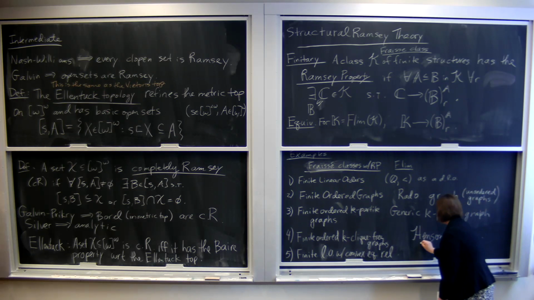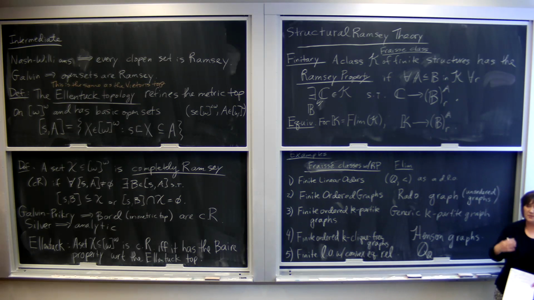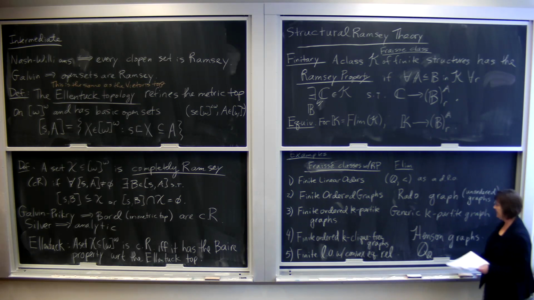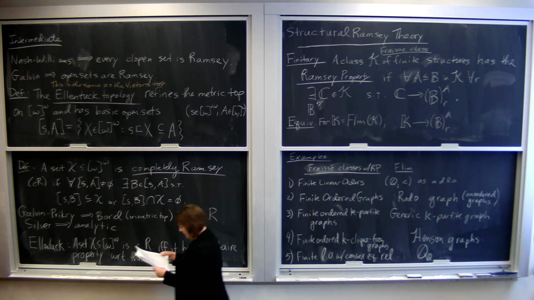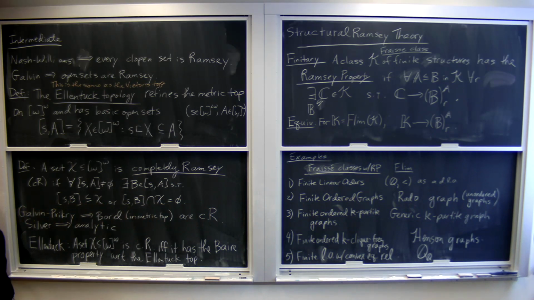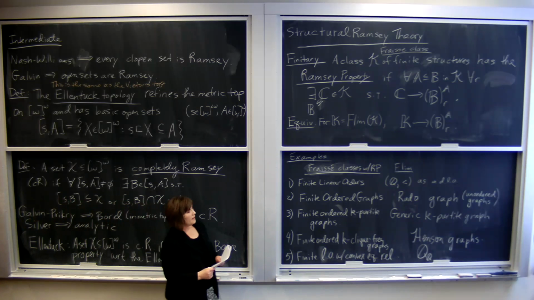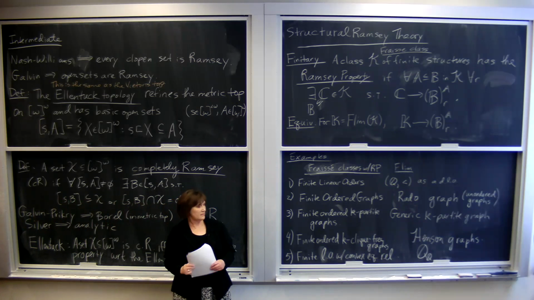When you take its Fraïssé limit, you end up with what we're calling Q sub Q, which is basically Q copies of Q, each of which are convex in themselves. Okay, so those are some examples of Fraïssé classes and their limits to hold on to. Yes, convex equivalence classes, yes.